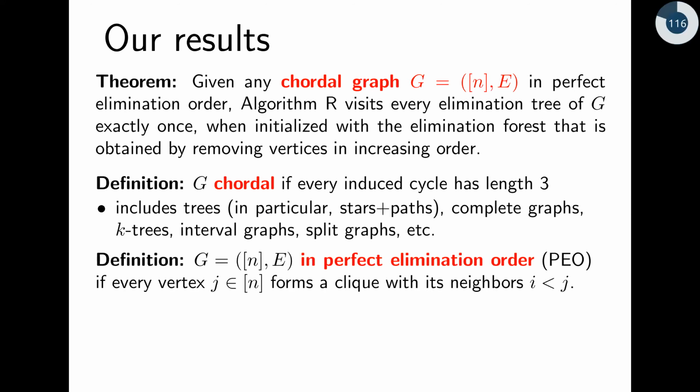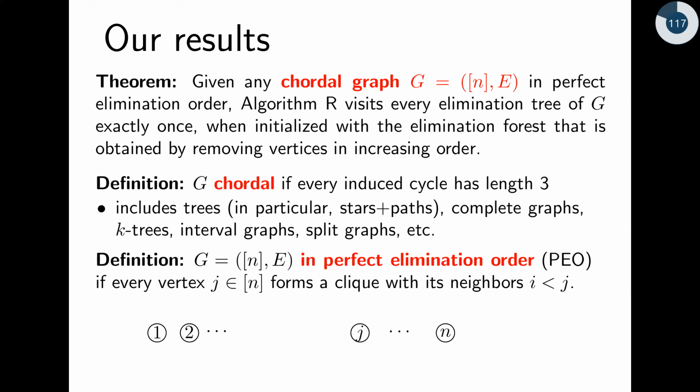What about this definition of perfect elimination ordering? So perfect elimination ordering means that you can linearly order the vertices of the graph with 1 up to n, and then if you look at the vertex J, you look at all the neighbors with smaller labels, then you want that these neighbors induce a clique.